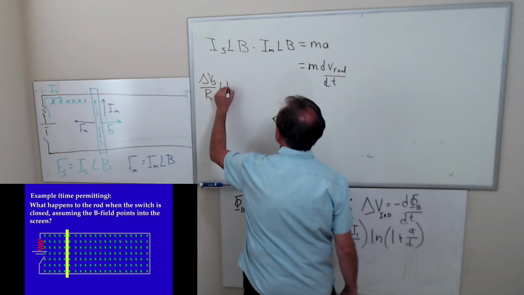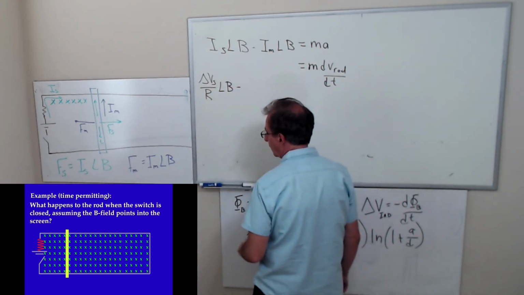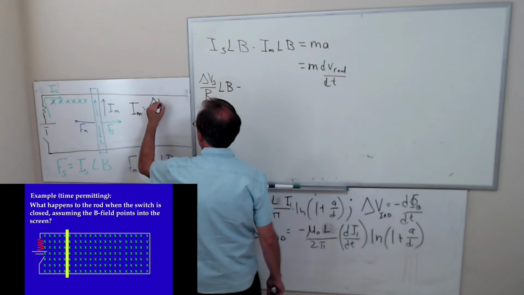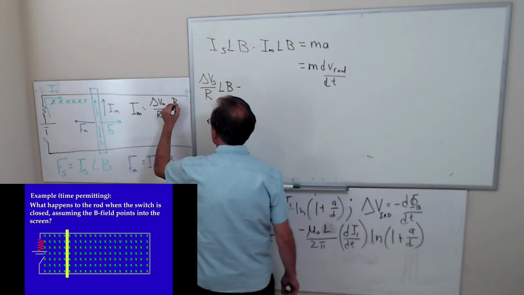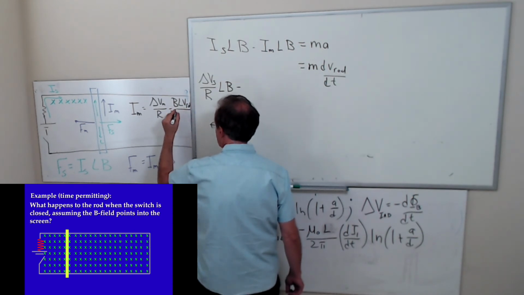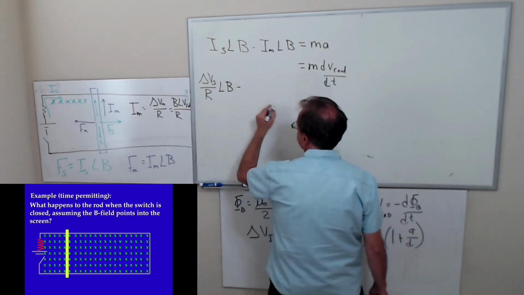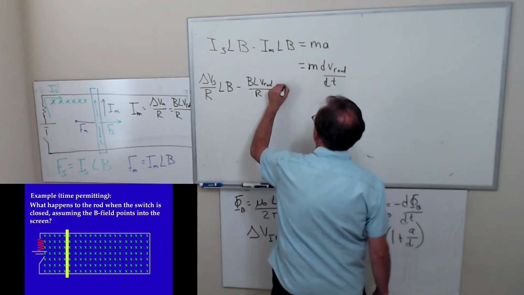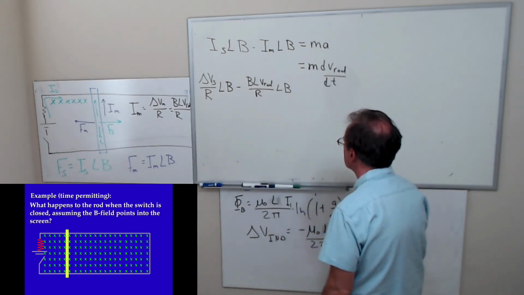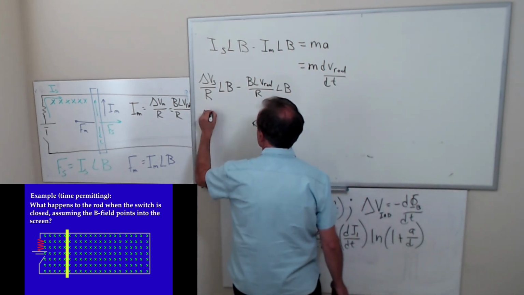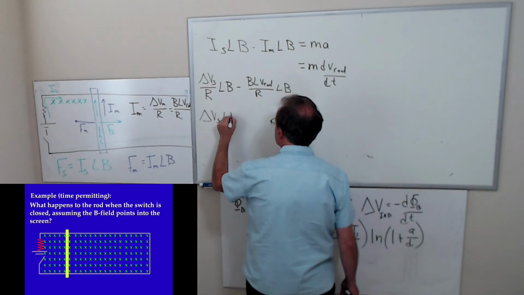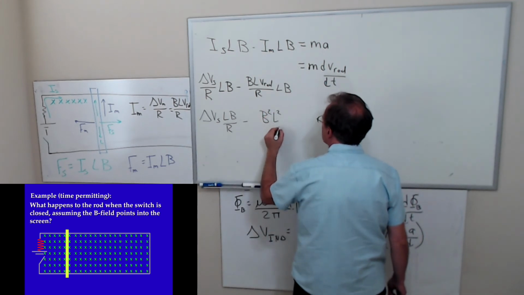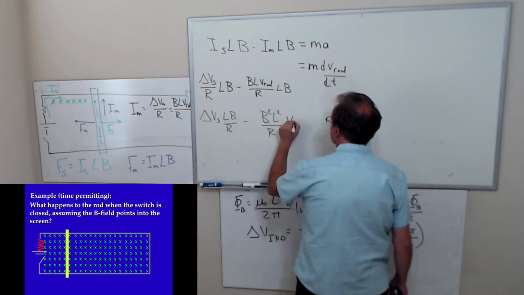Then L and B. Now what's I sub N? Well, I sub N is the induced EMF over R, which is B and L times V rod over R. So let me rewrite this as delta V sub S times L times B over R minus B squared L squared over R times V rod.